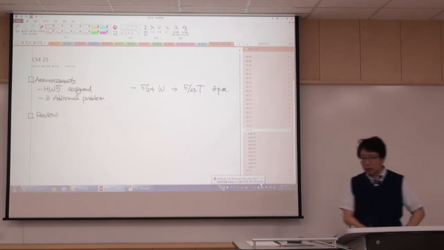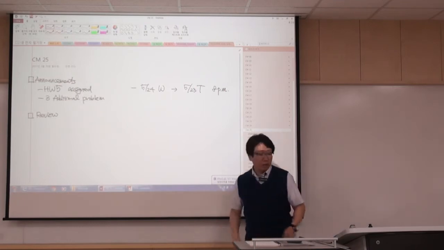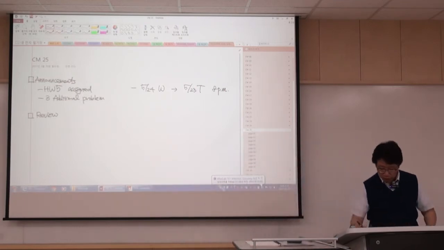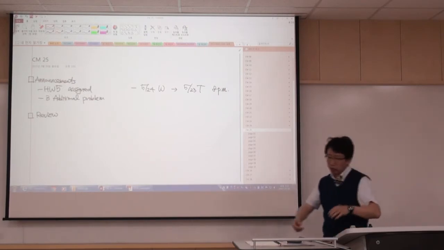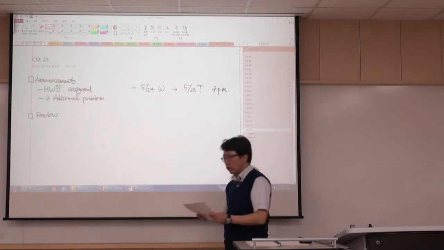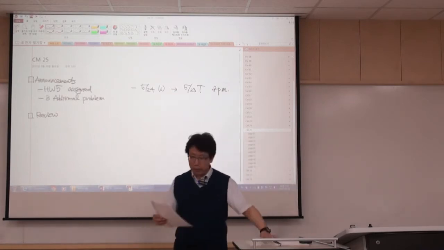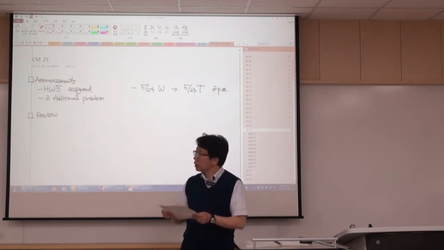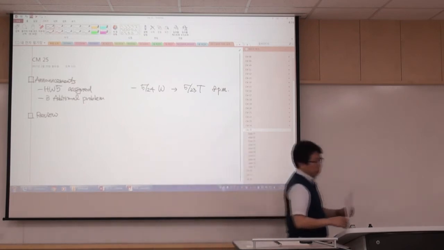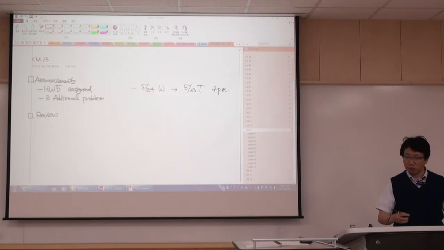Anyway, from last time we started to study the constraint optimization problems, and we used lecture notes by Boyd and Vandenberghe. The key words were Lagrangian something.